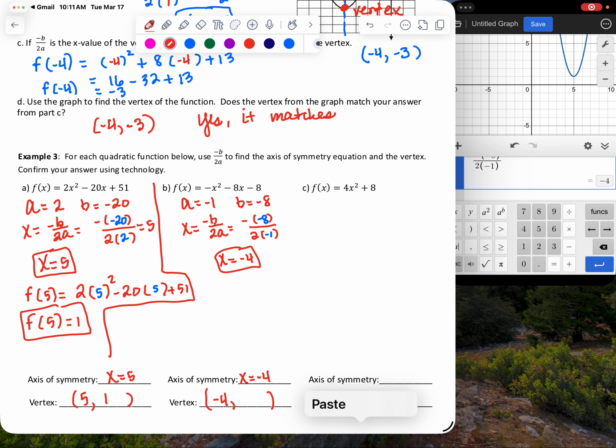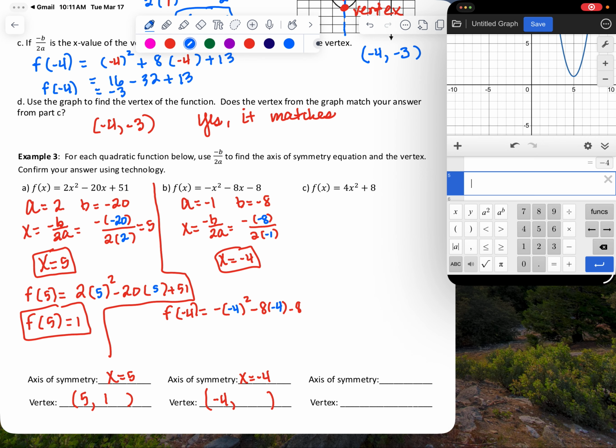Now, to find your y value, you're going to evaluate the function at f of -4. So negative parenthesis squared minus 8 parenthesis minus 8. And you'll plug in negative 4. Now, again, it's very important that you enter this into the calculator correctly.